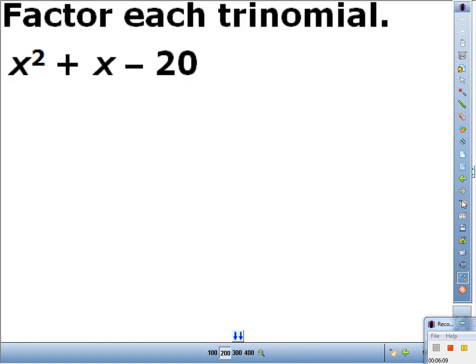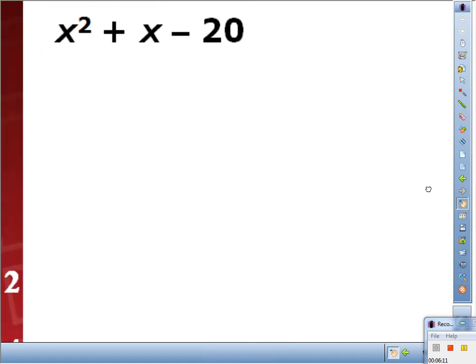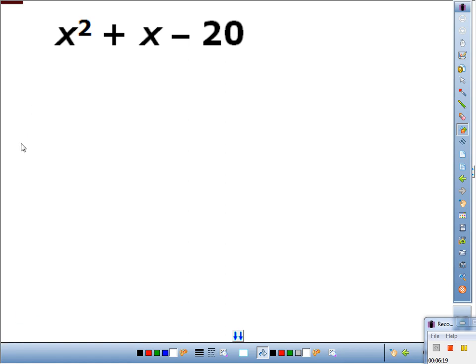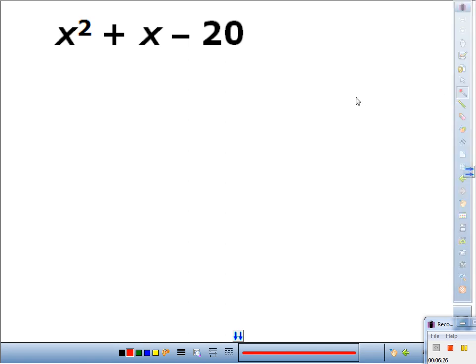Copy that one. x squared plus x minus 20. Yeah, if you're taking longer than that, that means that you haven't been doing your homework.